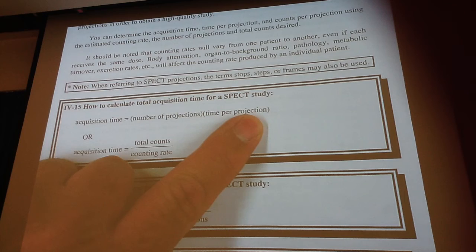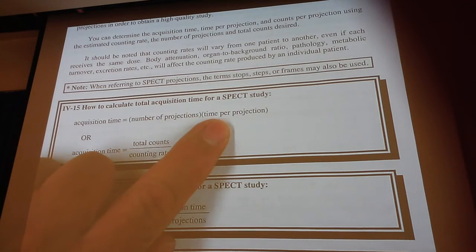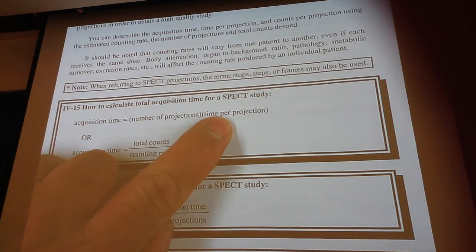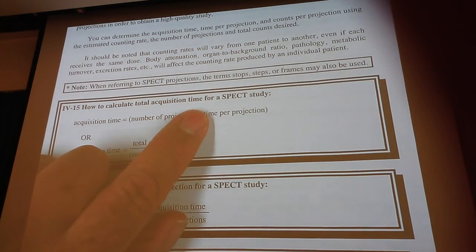So if you have 64 projections of 30 seconds each, basically 64 times 30 seconds, you're looking at about 30 minutes, or 32 minutes, plus the time it takes the camera to move. Well, they don't take that into consideration.